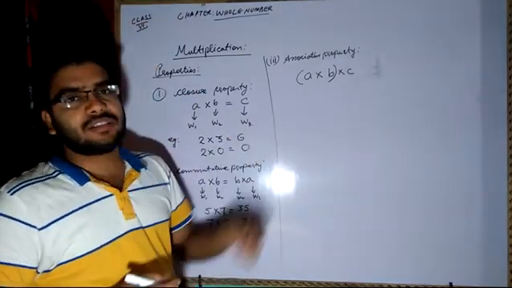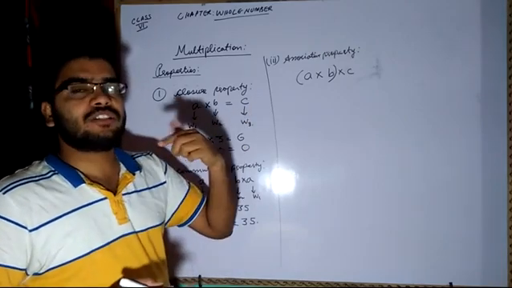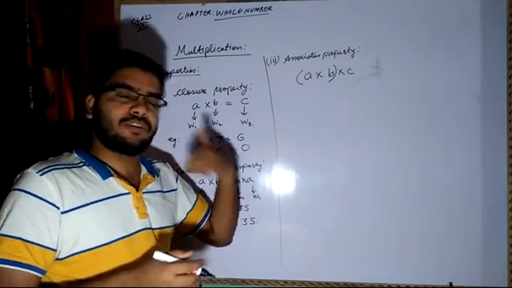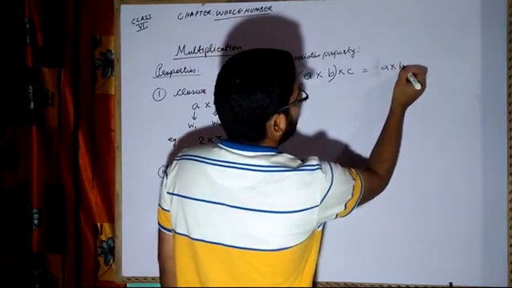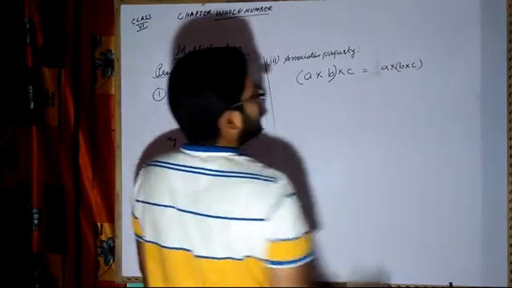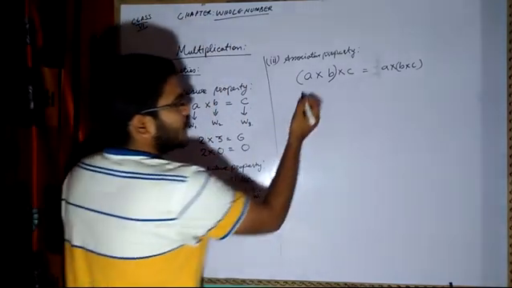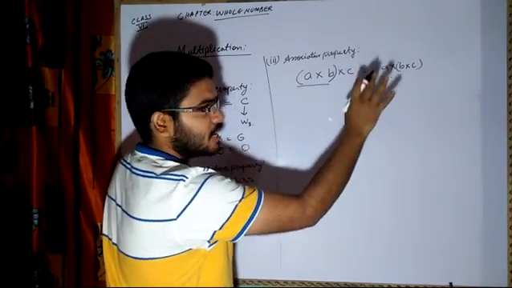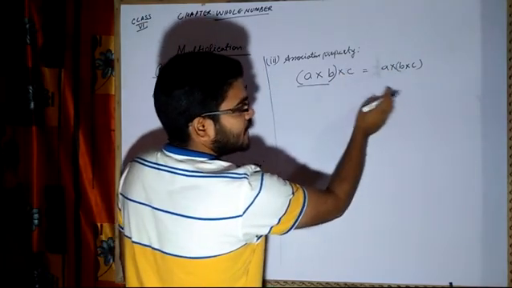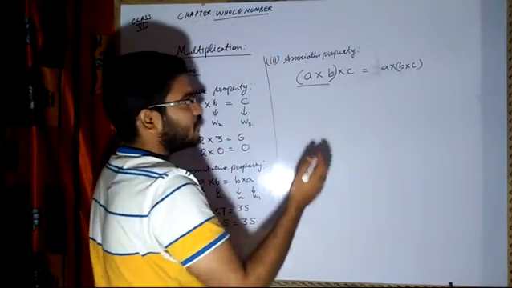In the second case, the second and third friends go together and they call the first friend. So this will be equal to A multiplied by B multiplied by C. This is the meaning of associative, bringing together. First two numbers are brought together and the third one is left aside. Now the first one is left aside, and the second and third are brought together.